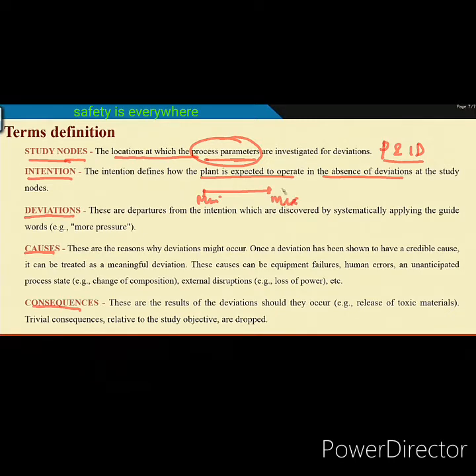So, maybe you are operating normally within this range, but this is what is designed. So, you may consider that if it is beyond this normal range, this is a deviation. Okay.